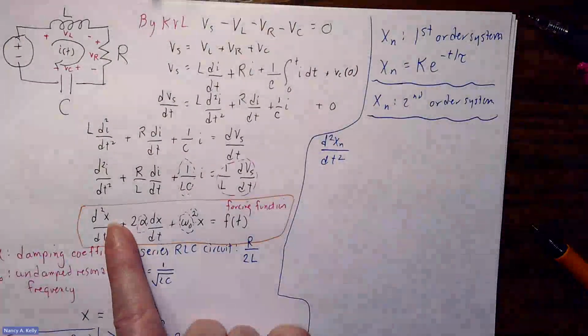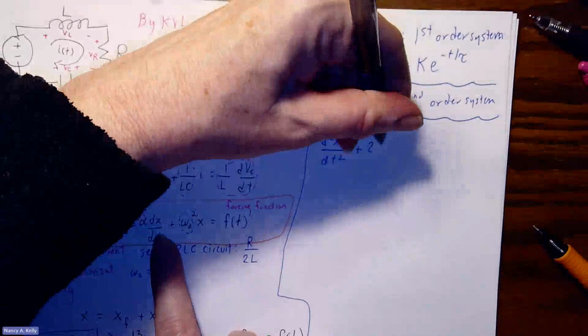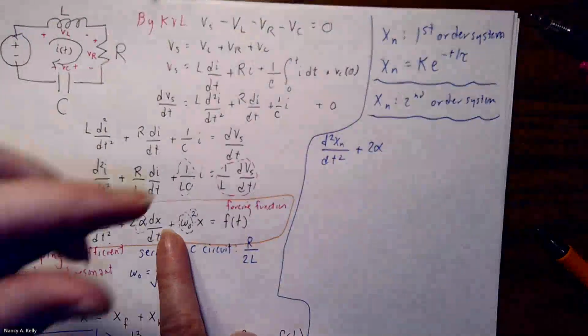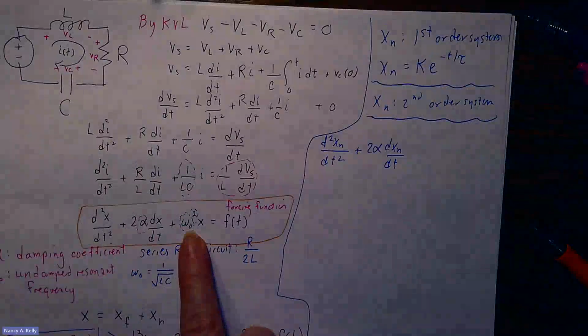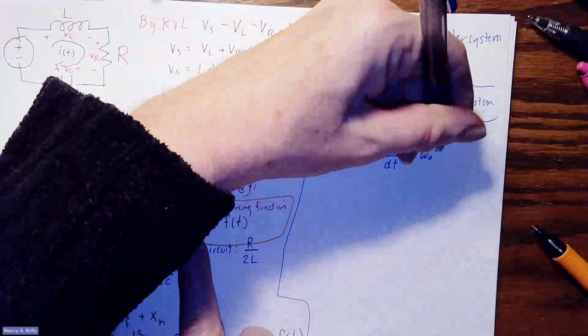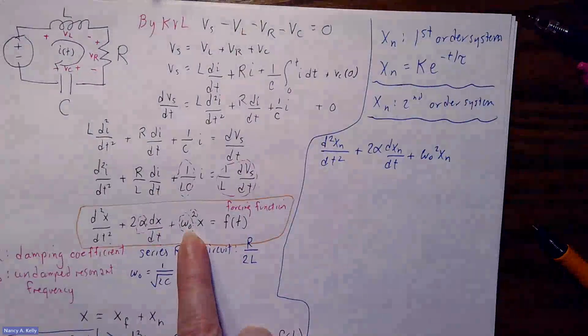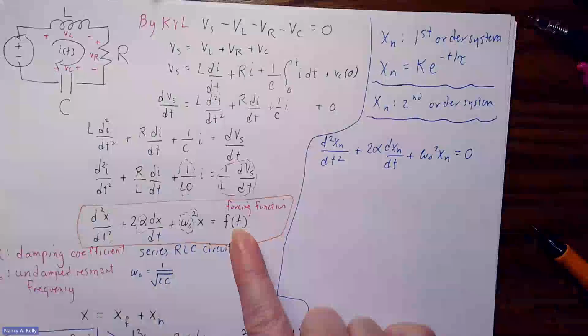Okay, so the first term is the same. We've put in x sub n here, and then we write the next term, plus 2 alpha dx sub n dt, plus omega 0 squared x sub n, okay, is going to equal, not the forcing function, it's going to equal 0.